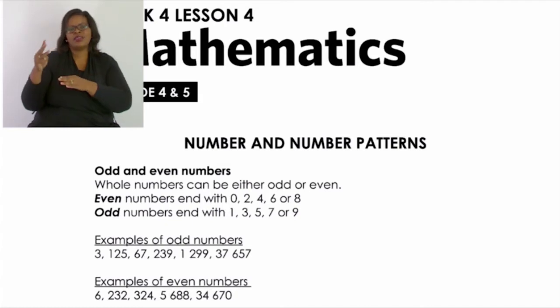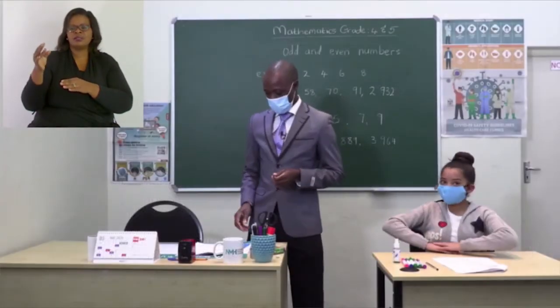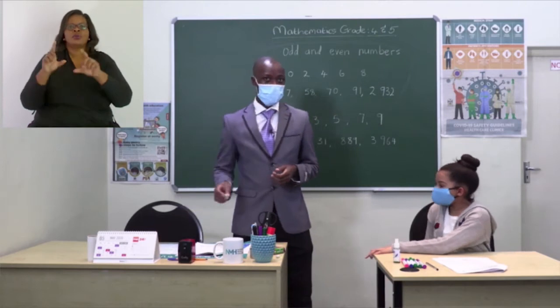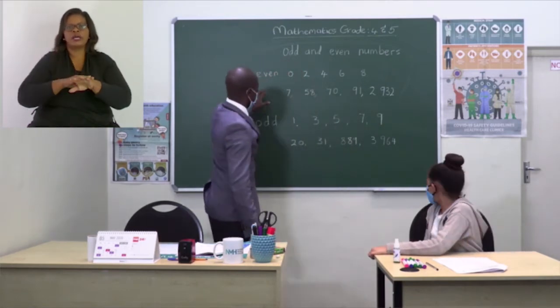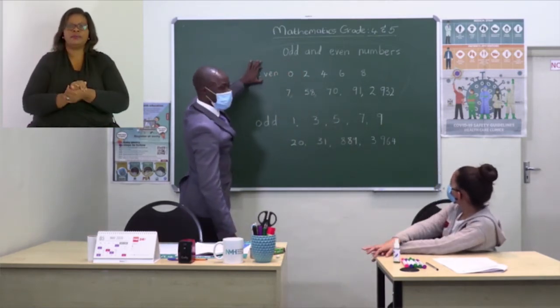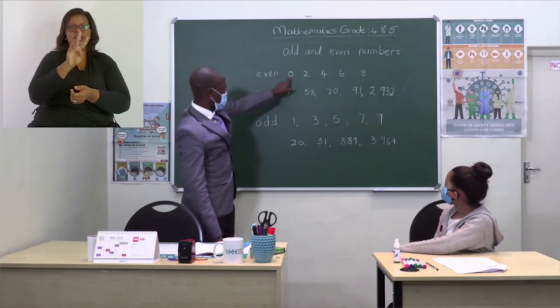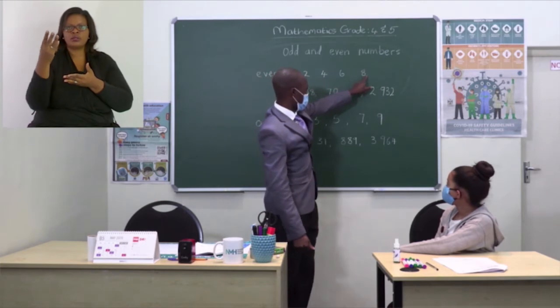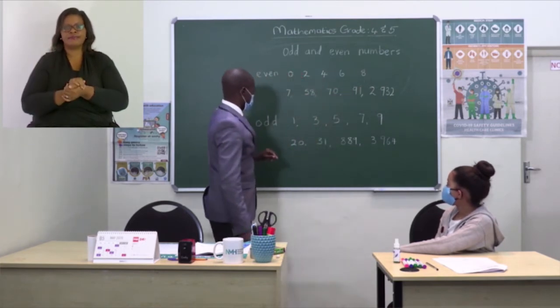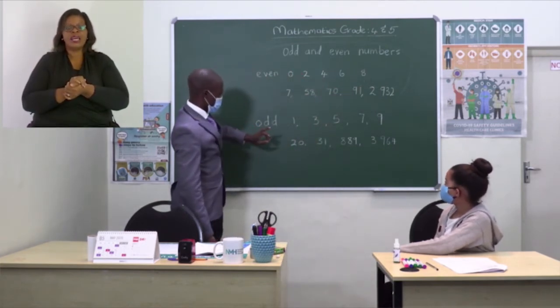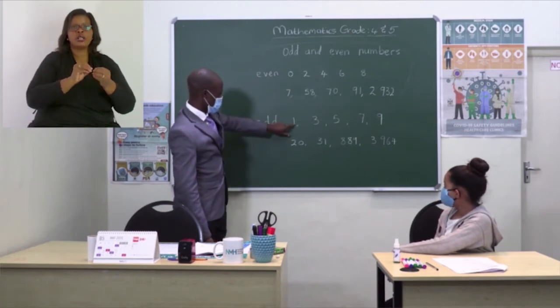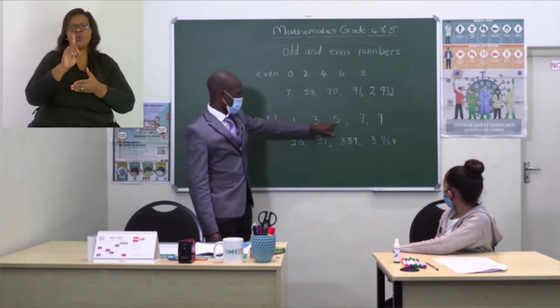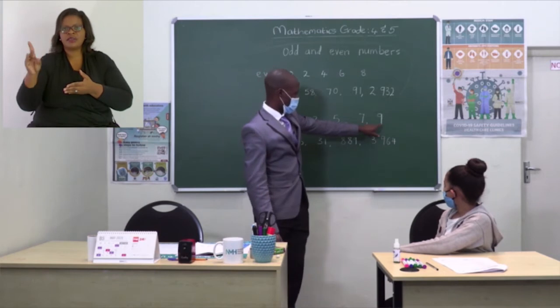Let us face the chalkboard and try to solve some examples. We all know even numbers are supposed to end with 0, 2, 4, 6, 8. And odd numbers have units of 1, 3, 5, 7, and 9.